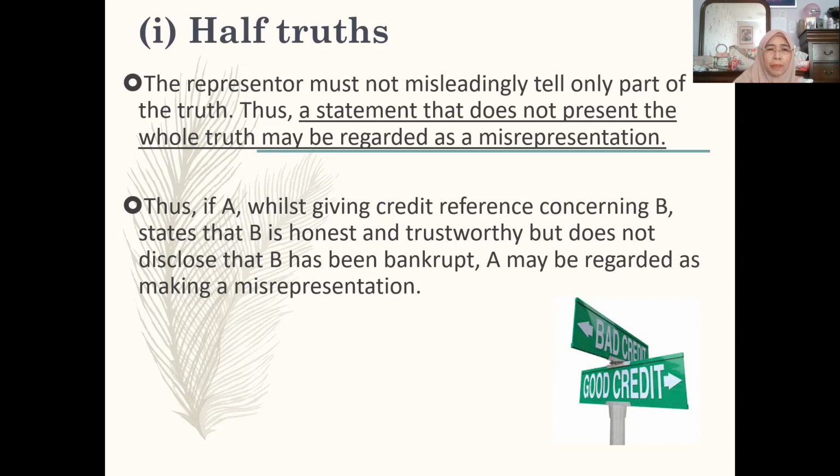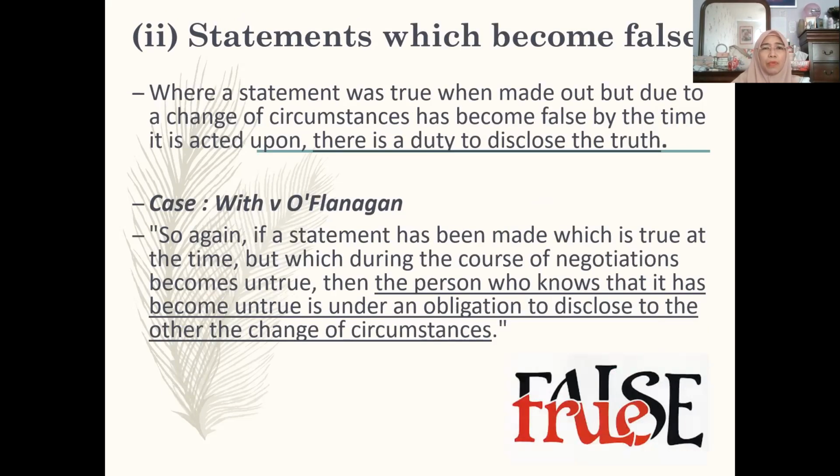The statements which become false here. So where a statement was true when made, but due to a change of circumstances has become false by the time it is acted upon, then in this particular situation, there is a duty to disclose the truth. For example, when they negotiate the contract, the situation is like that.